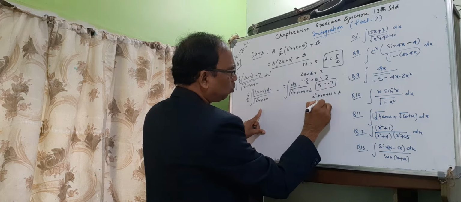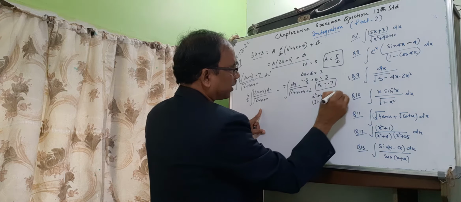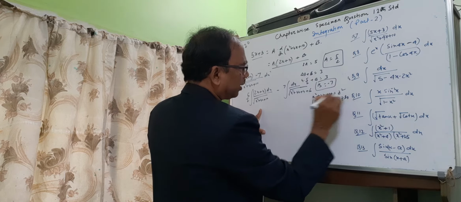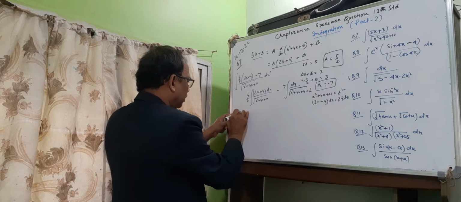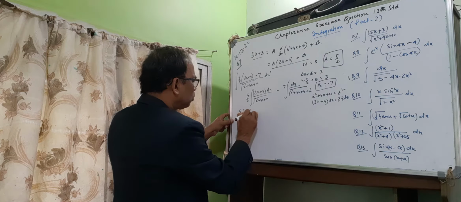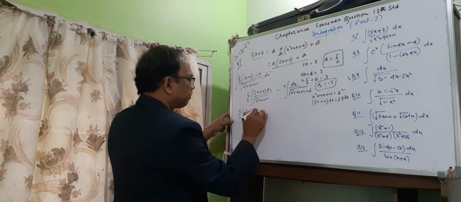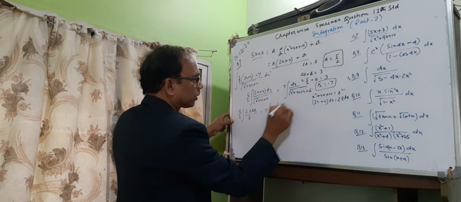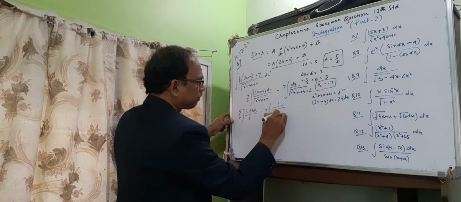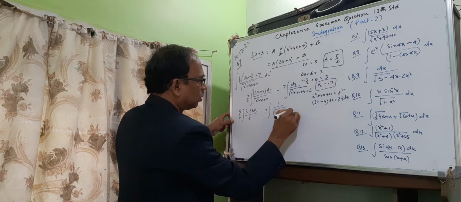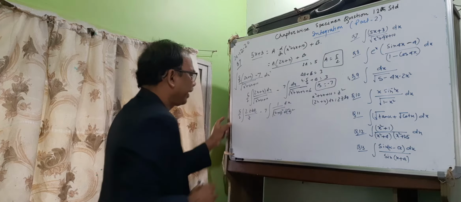Differentiating, 2x plus 4 dx equals 2z dz. Now put it here. 5 by 2, value of this is 2z dz by z square root, that is only z, minus 7, this is root over of x plus 2 whole square plus root 6 whole square, dx.